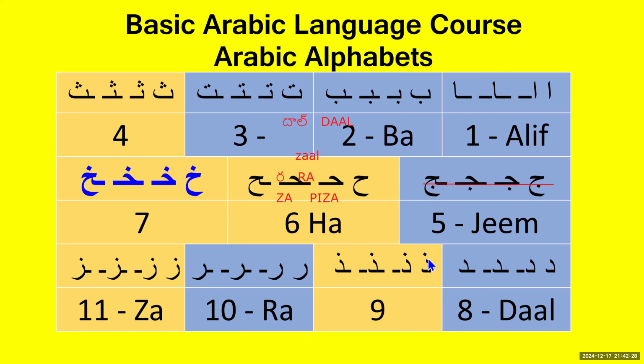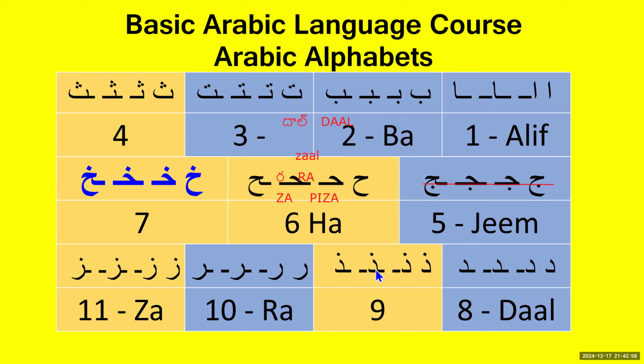Zal is also the same thing, but it has a dot. If you make only a small strike here, you may get confused with another letter that is going to come, noon, with this dot. But to clarify, noon joins with the following letter. Zal never joins with the following letter.